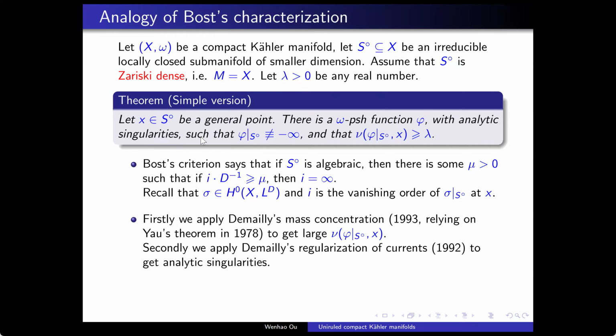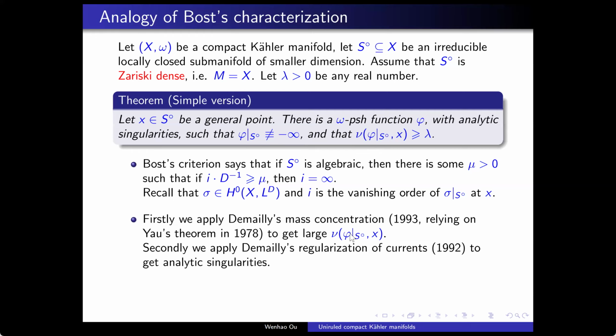To prove this, there are two parts. Firstly, we apply Demailly's mass concentration method, introduced by Demailly in 1993. It relies on Yau's theorem on these Monge-Ampère equations. And we can construct some omega-PSH function which has a very large restriction Lelong number. Here, we essentially use the assumption that S0 has a smaller dimension.